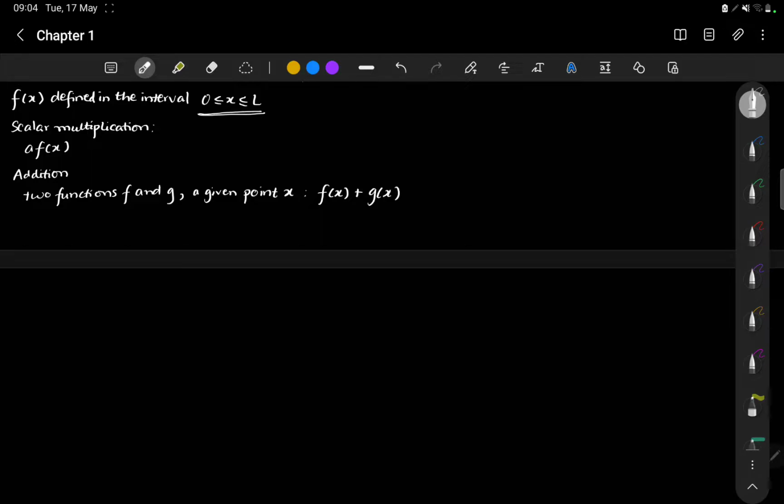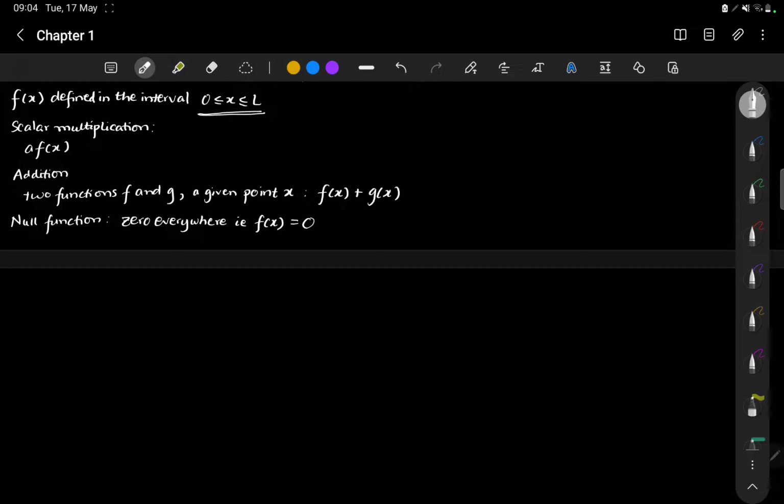Then what is the null vector in this case? So the null vector in this case will be some null function. What is that? This function is basically 0 everywhere on the domain. That is, f of x is equal to 0.